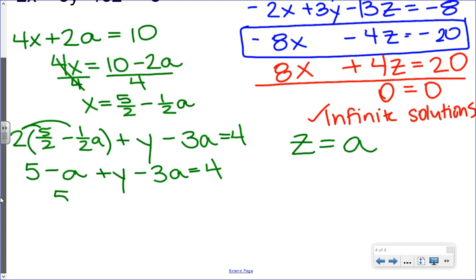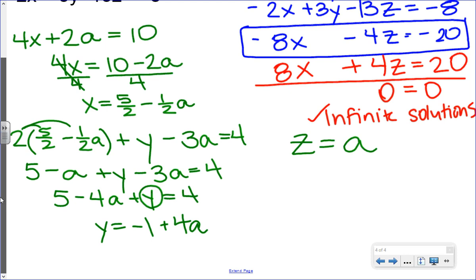So we have 5 minus 4a plus y equals 4. Then to solve for y, we subtract that 5 over to get negative 1, and we add that 4a over. So the line that these three planes are intersecting at could be represented this way.